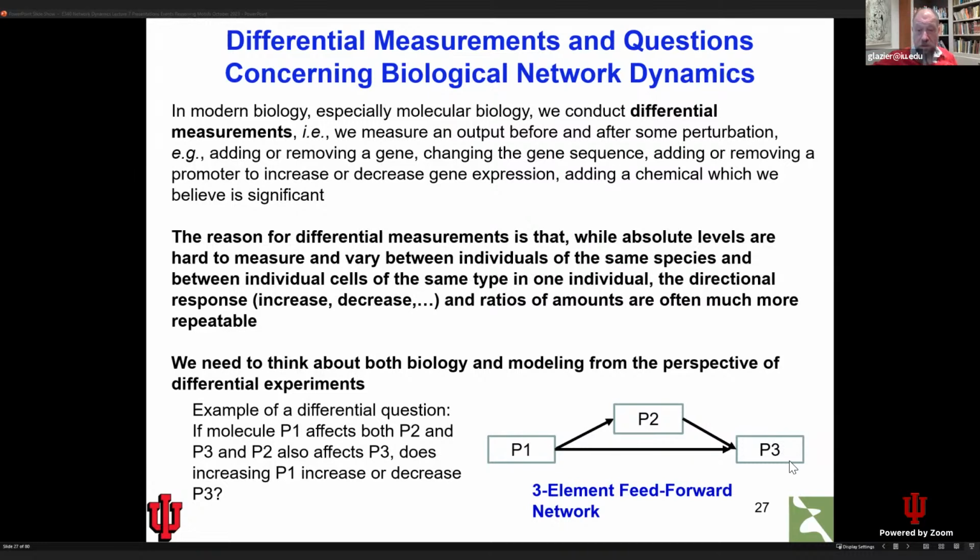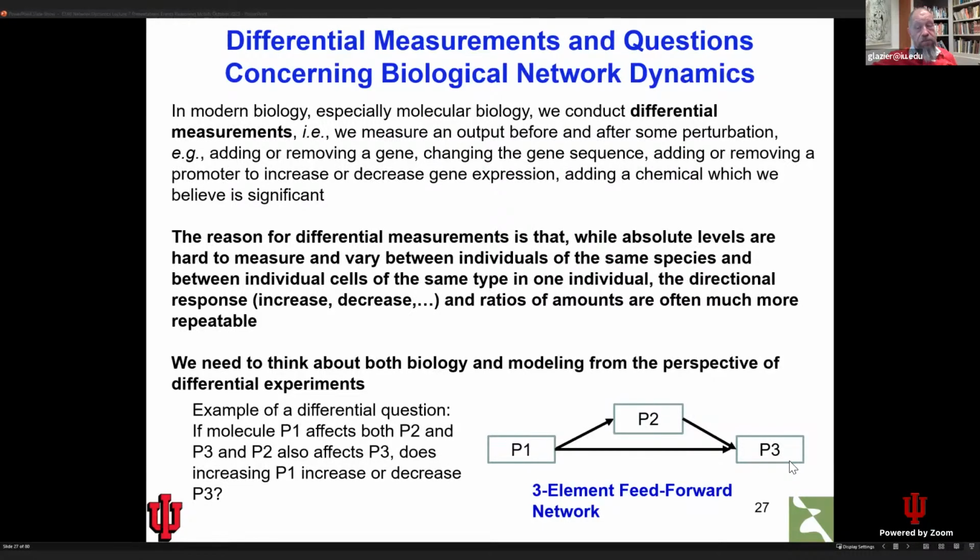That's a reasonable question. Why do we ask questions that way? Well, the main reason is that in biology, measuring absolute levels of things is quite difficult. Knowing exactly when something happens is often hard. Knowing exactly how much of something, or what concentration of something, we get is hard. On the other hand, if we have a fluorescent molecule, the level of fluorescence may not tell us exactly how many molecules we have.